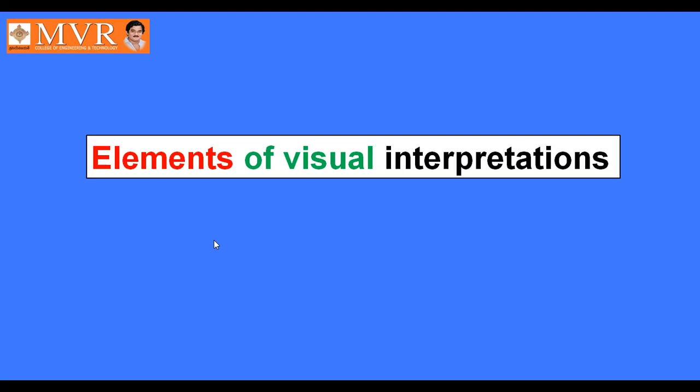You know very well, interpretation is identifying the image visually. Visual interpretation means first you have to identify the features on the satellite image. In visual interpretation, analysis of remote sensing imagery involves the identification of various targets in an image.